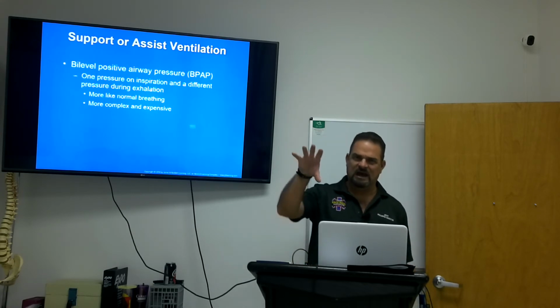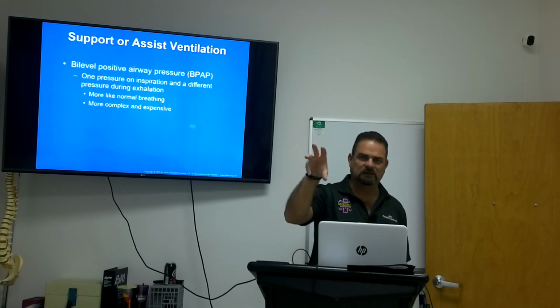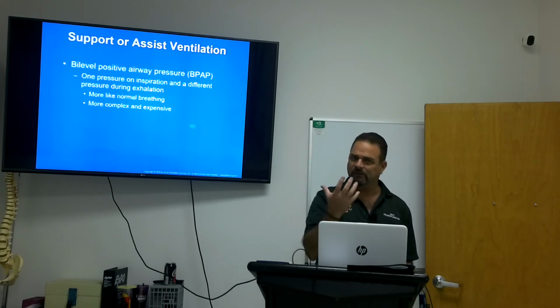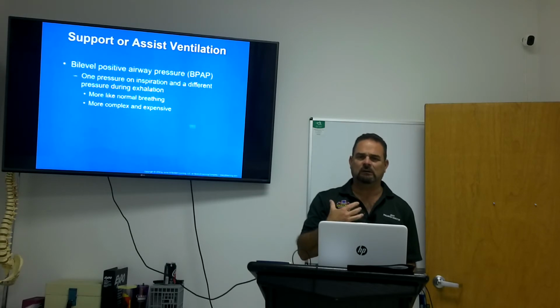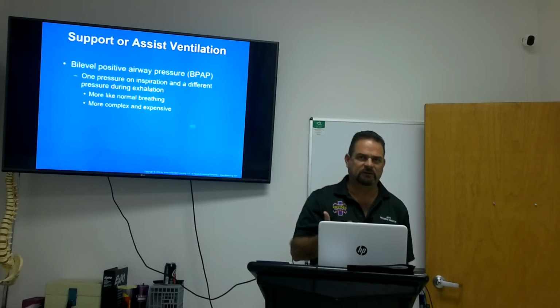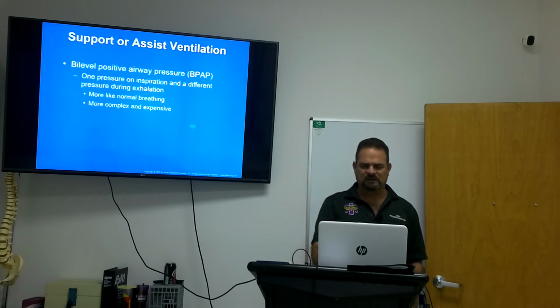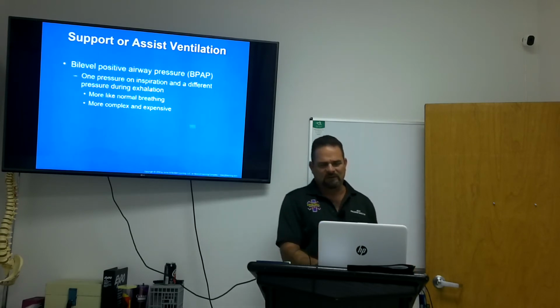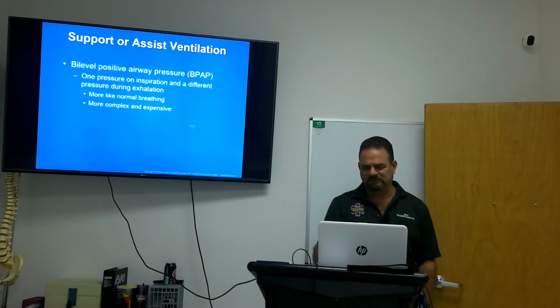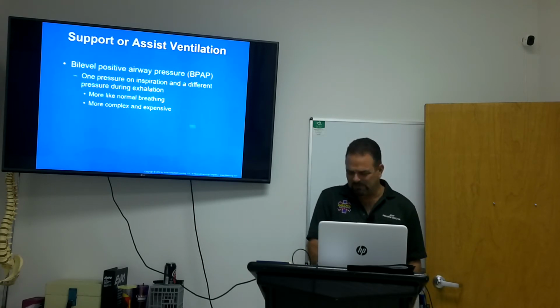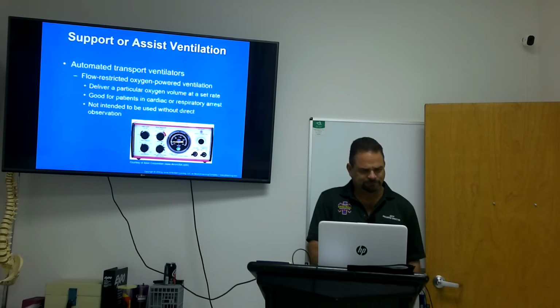So it's a nice forceful inhalation, but when you're exhaling, there's a little bit of pressure behind it, so you're not losing all of your expiratory carbon dioxide and oxygen. It gives you a little more time to keep it. It's more like normal breathing and often more comfortable for patients. This is a more complex and expensive device, so it's not commonly found in the field.